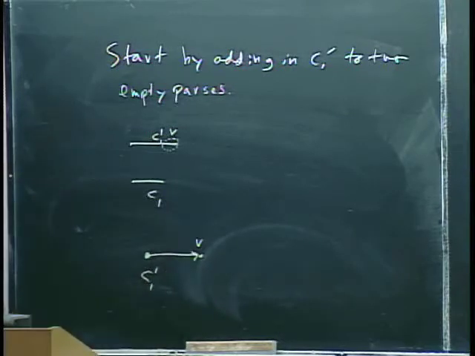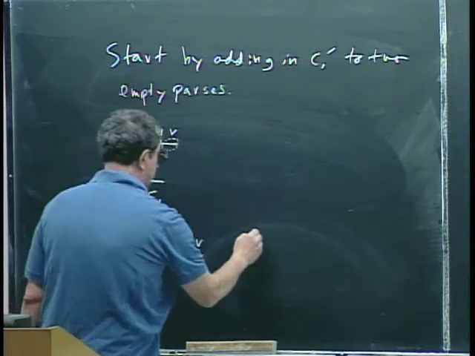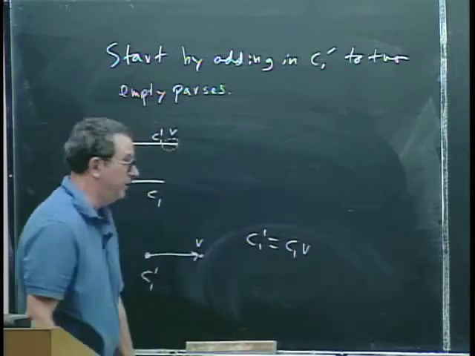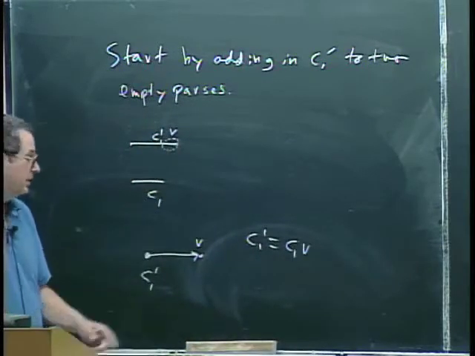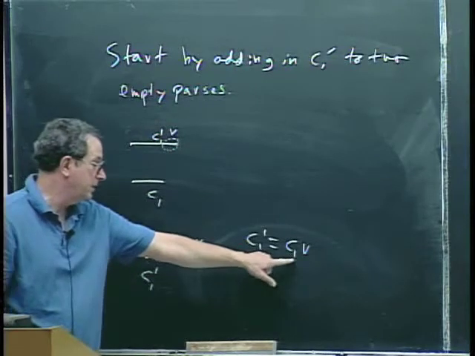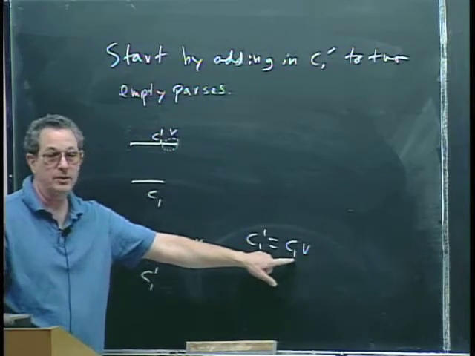is there an edge in the graph that looks like that? No? Well, isn't it true that C1 prime is equal to C1 followed by V? Okay, this is a code word. This is a suffix of a code word.